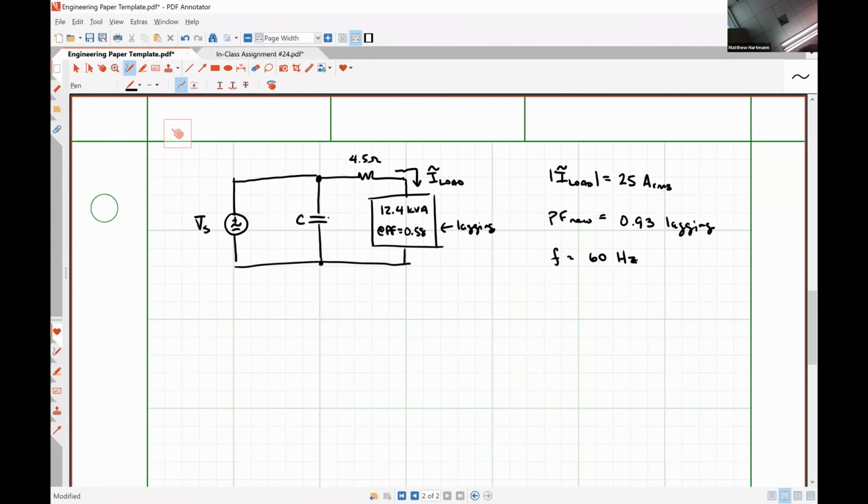So our goal here is to figure out what the value of the capacitor C is that makes this happen. But we're going to have to do several additional steps along the way. For instance, we are not given the value of the voltage Vs, which means if we try to apply our equation, C is equal to negative Q cap over omega VRMS squared, we don't know what VRMS is.